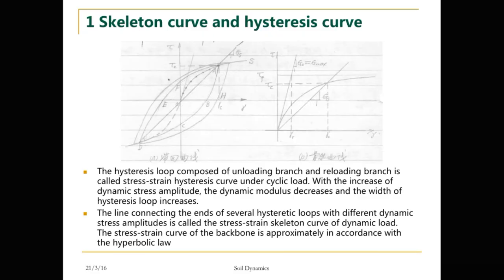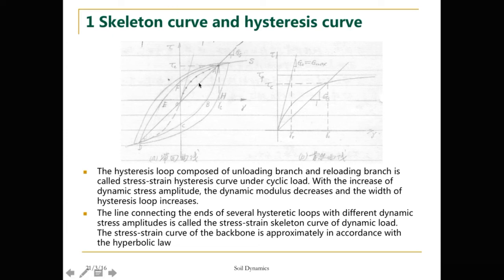Now let's see skeleton curves and hysteresis curves. First, the curve with points is the skeleton curve. That's the relationship between the shear stress and the shear strain of the soil when we apply a monotonic load on the soil.